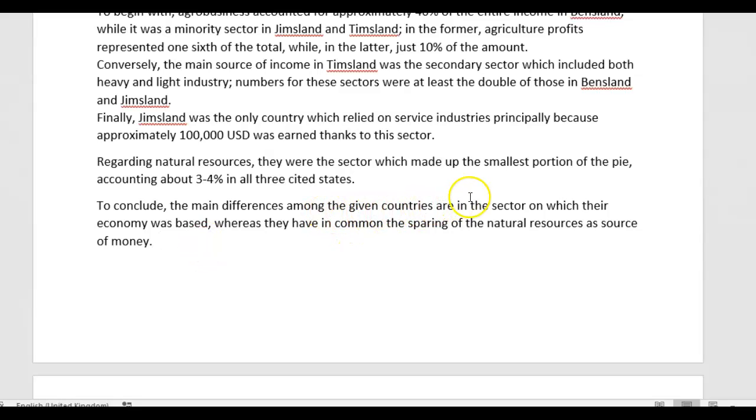Among the given countries, the main differences are in the sector that the economy was based on, whereas the similarities, you say the main differences, so what comes out of whereas has to be a noun as well. Whereas similarity refers to the sparing of, and so on and so forth.